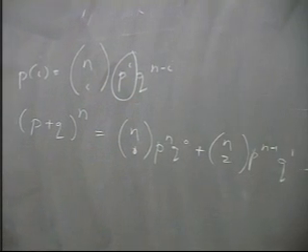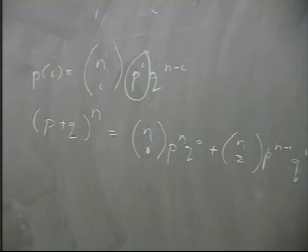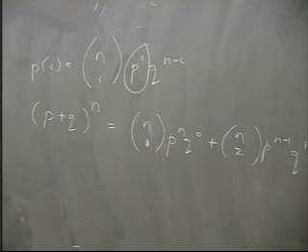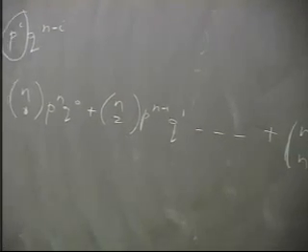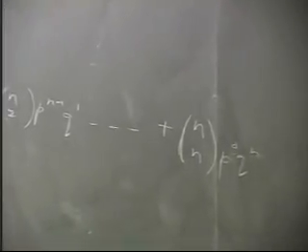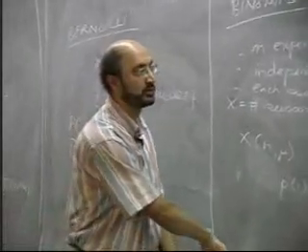That's the probability. So this is the relationship between the binomial theorem and the binomial distribution. I'm just showing you the formal relationship. There's a little bit more to it, but I'm not going to go into that.